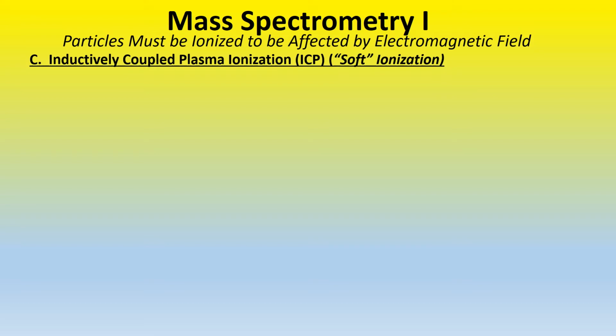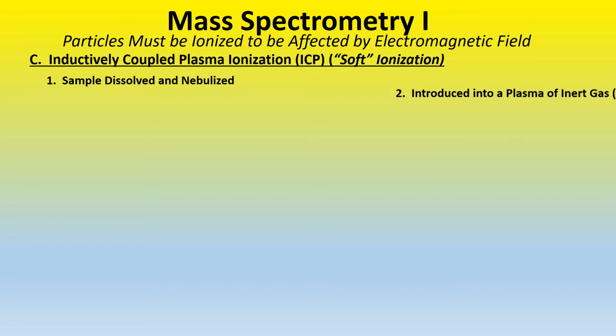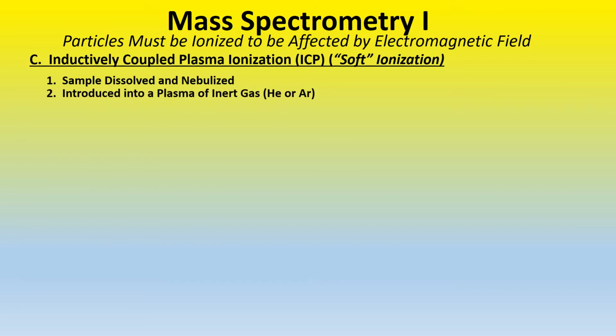In this method, a sample is dissolved, perhaps in water or any other light solvent, and by means of a pump and a gas flow is nebulized into a fine mist. This mist is introduced into a plasma of inert gas, helium or argon. The plasma is produced by inductively coupling the gas to a radio frequency generator.